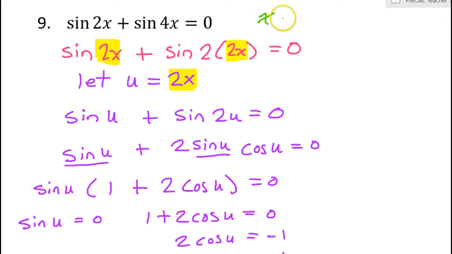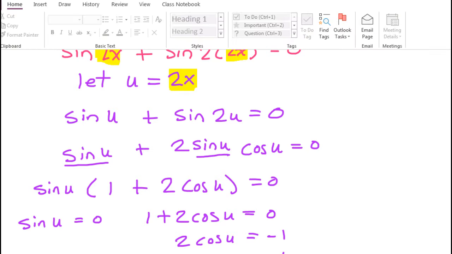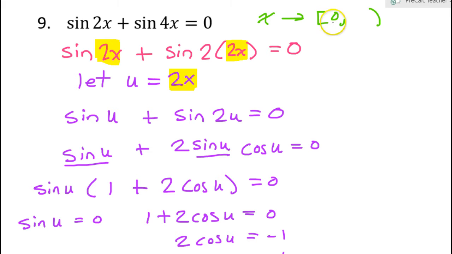We want x to be between 0 and 2x. No, I didn't mean to say 2x. I meant to say 2 pi. We're looking for x values between 0 and 2 pi. One spin around the unit circle.